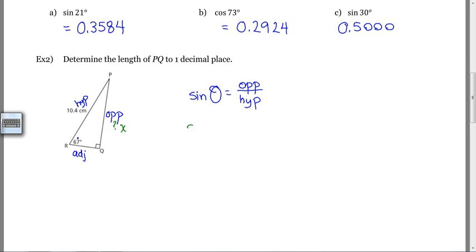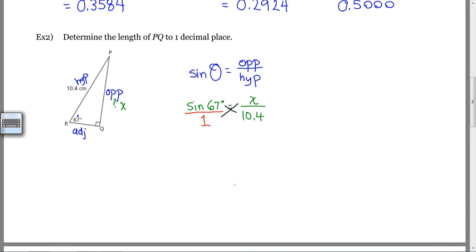So let's sub in sine 67 degrees equal to opposite, we don't know, let's call it x, over the hypotenuse, which is 10.4. Now, the invisible number underneath sine 67 is always an invisible 1. We want to get x by itself, so what we do is cross multiply.